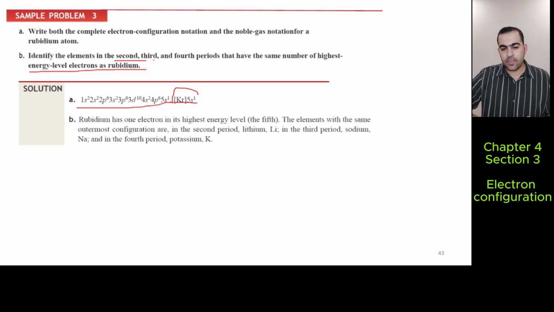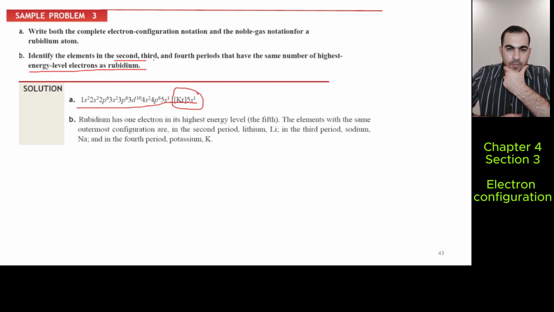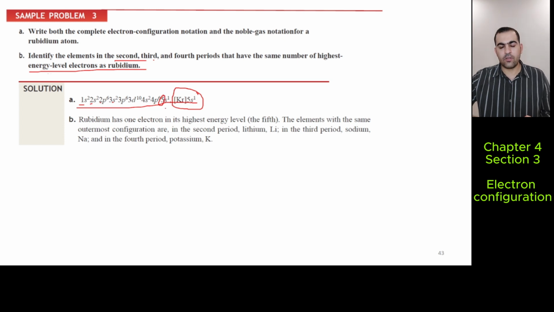Guys, in chapter 5 we're going to learn how many valence electrons does rubidium have? 1, because in the fifth period there are 5 energy levels. So the largest number of n is what? It is 5. n equals 5. In n equals 5 we have only 5s. It contains only 1 electron. So there's only 1 electron.